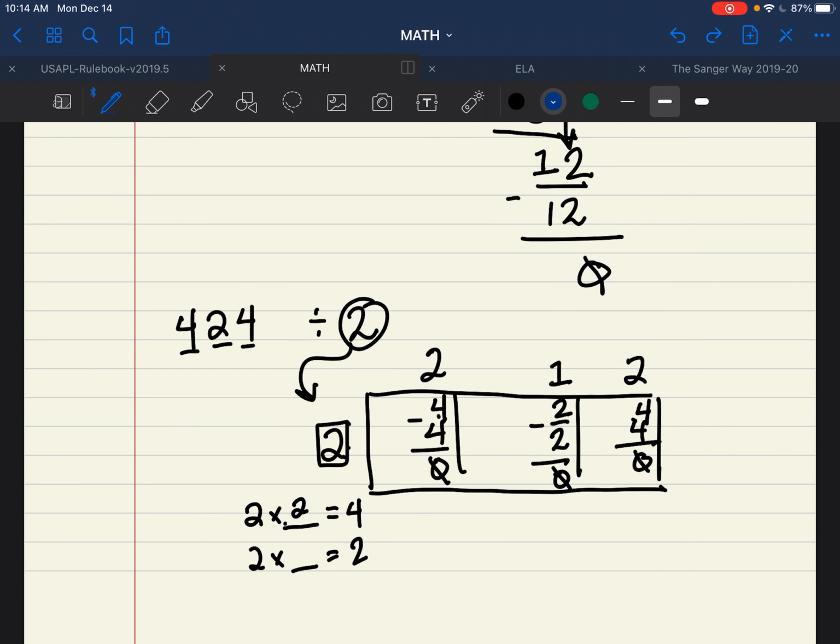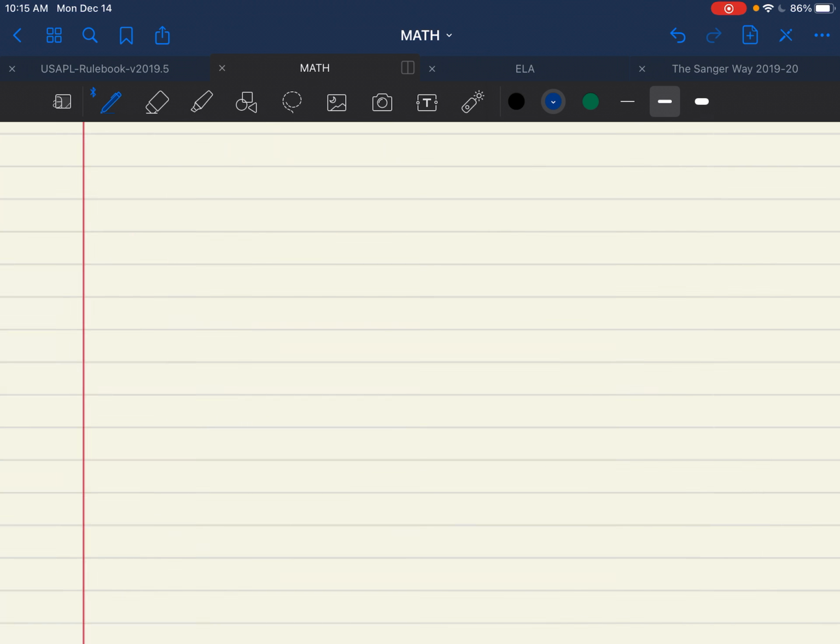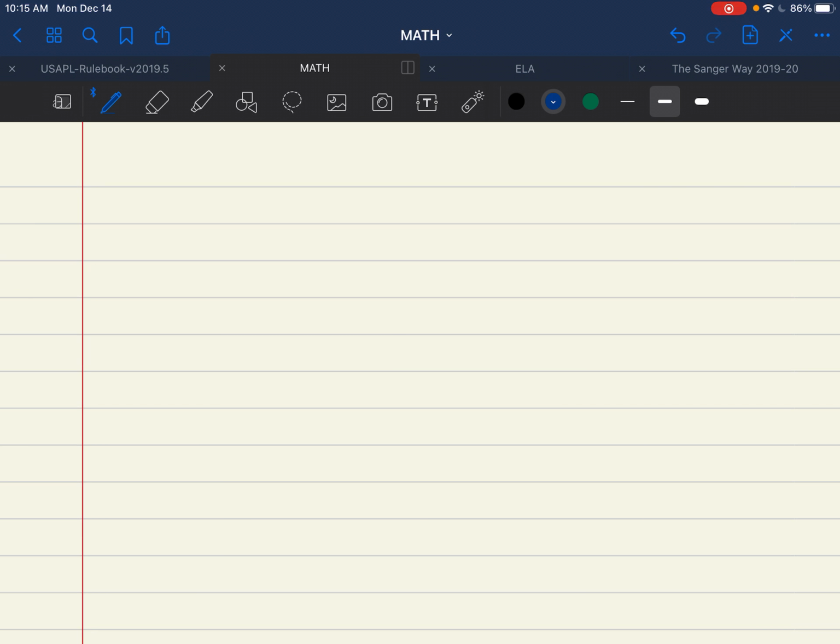Our quotient is 212. And it works the same with any type of remainder, so let's try to do a remainder. It works if I have 638 divided by 2.